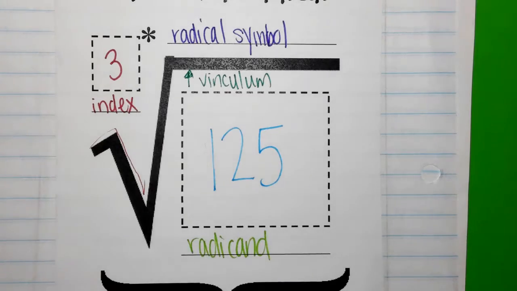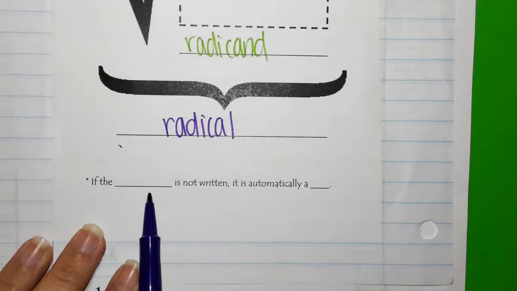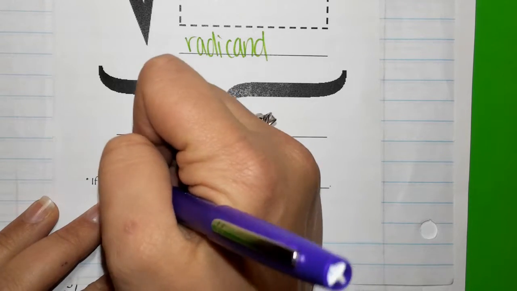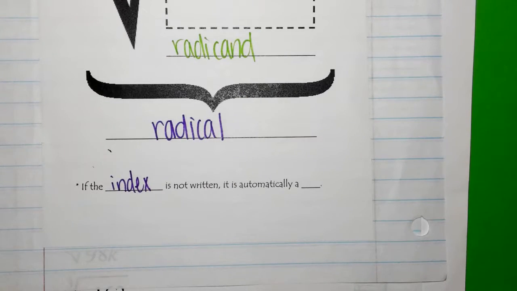Now, do you see how it has a little star by the index? And then there's a star at the bottom. It says if the index is not written, it is automatically a what? A 2. Because remember how we start by calling these a square root?